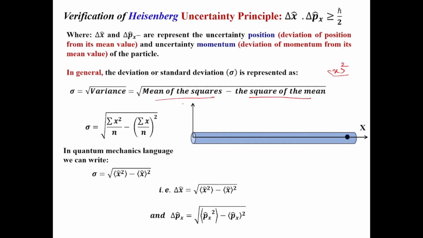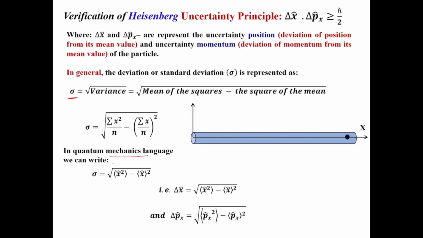Mean of the squares means the expectation value of squares. So this value minus the square of the mean. Or we can write, for the mean of the squares, first we add the squares and divide by the total number, minus the square of the mean. First you have to find the mean and take the square, and its whole square root is nothing but the deviation.